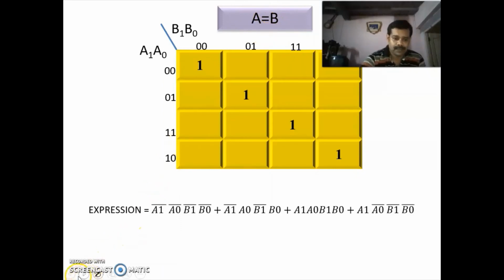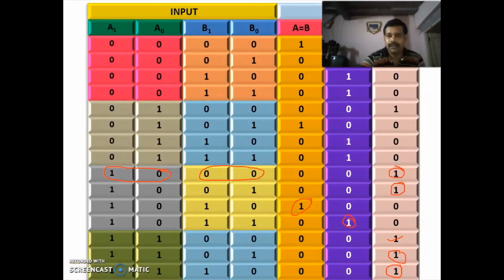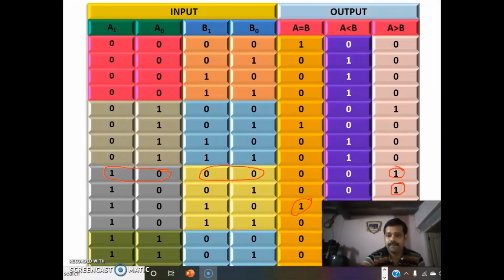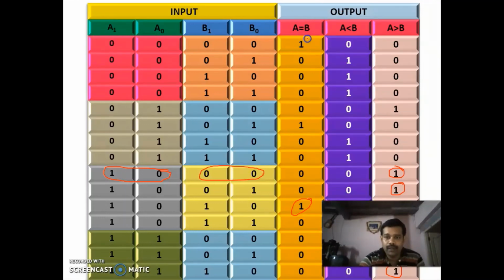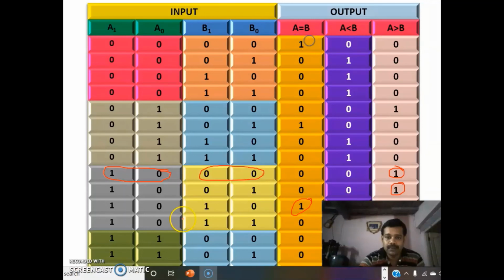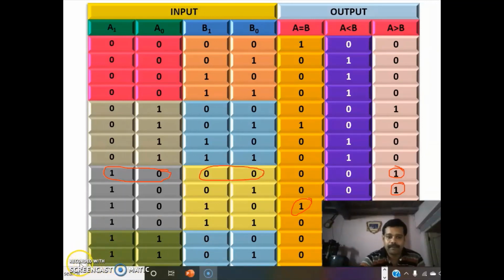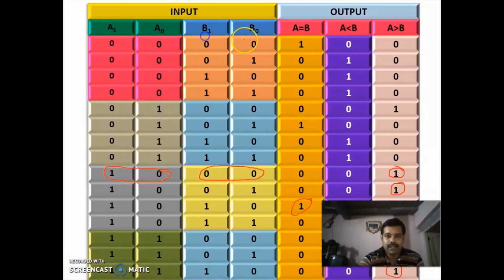So from this truth table, we are having one for 0 0 0 0. So if you want, you can write the decimal number of these numbers.